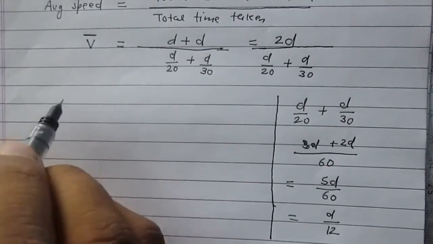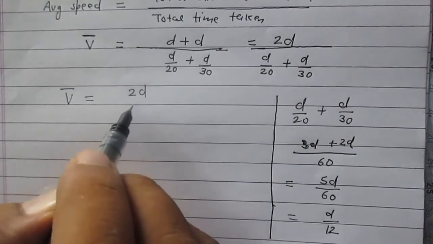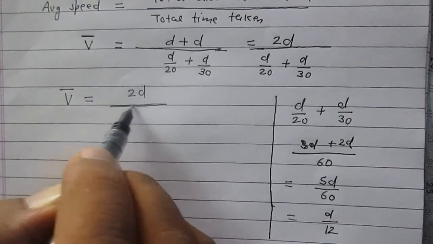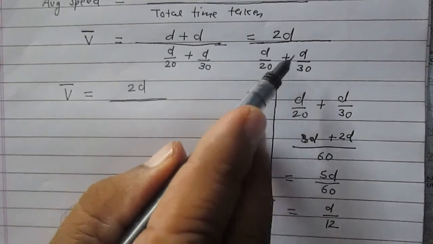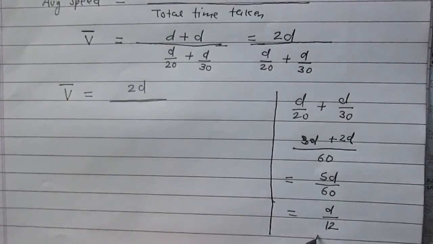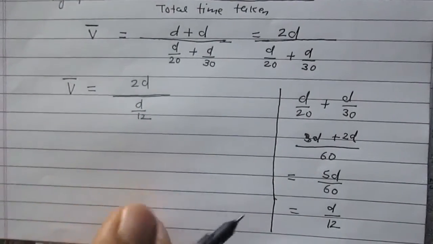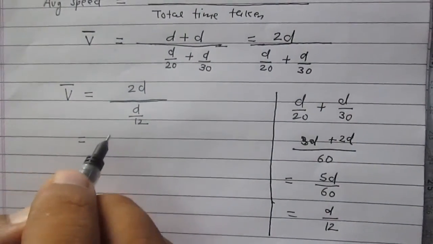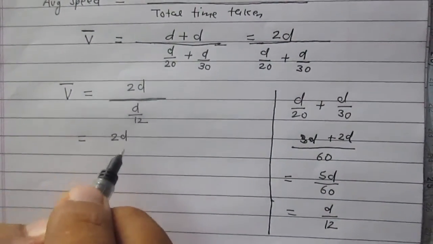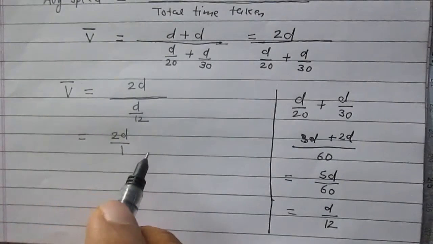So we can say that average speed is twice of D in the numerator, and in the denominator it is D upon 20 plus D upon 30, which is nothing but D upon 12. On simplifying it, the numerator is 2D. It will remain as it is, as 2D upon 1.